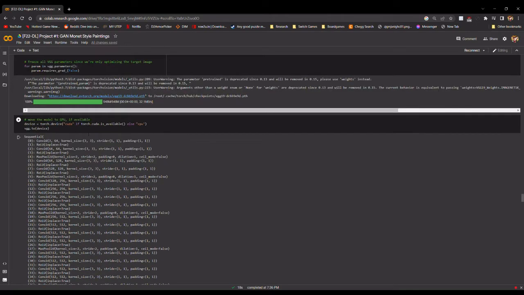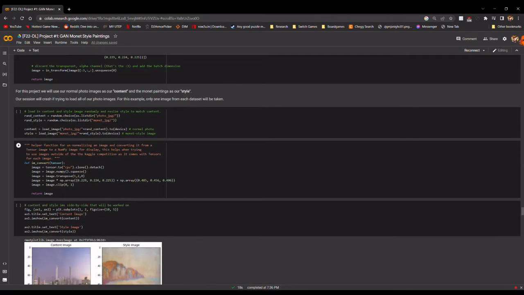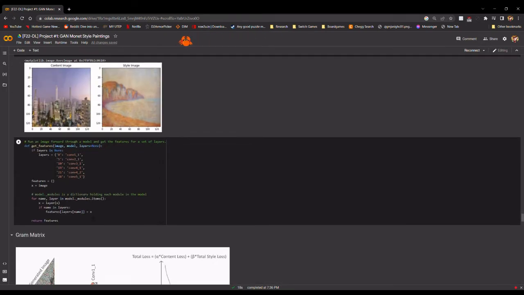So here we load the pre-trained model, and then we also load the images that were downloaded from the Kaggle dataset of the Monet style paintings. We can see here that we have a content image and a style image, and our target image will be the combination of these two. So here we just get the features of both images by using the pre-trained model.